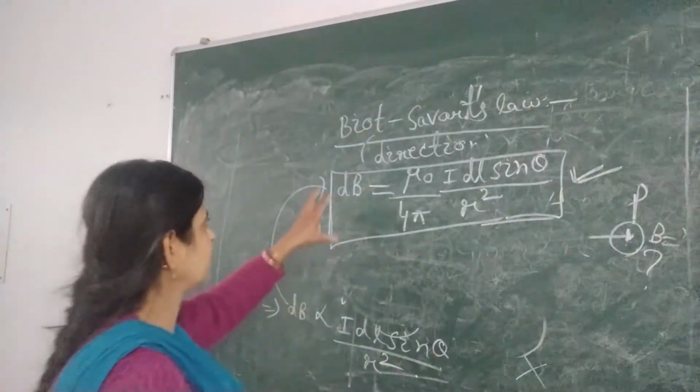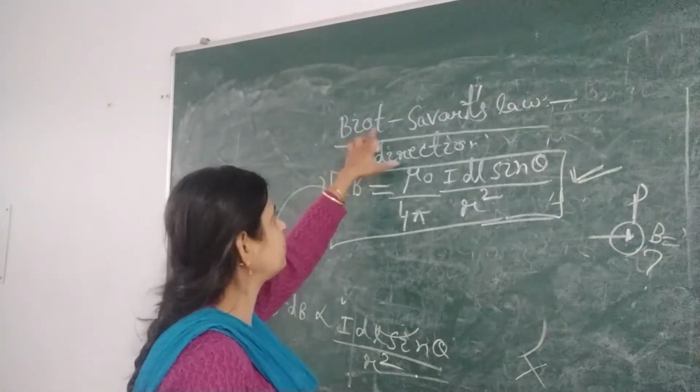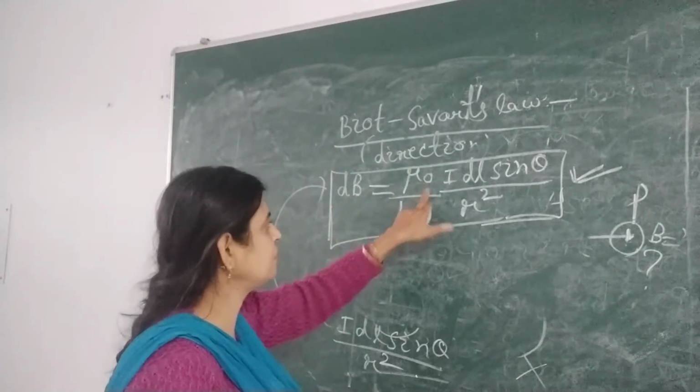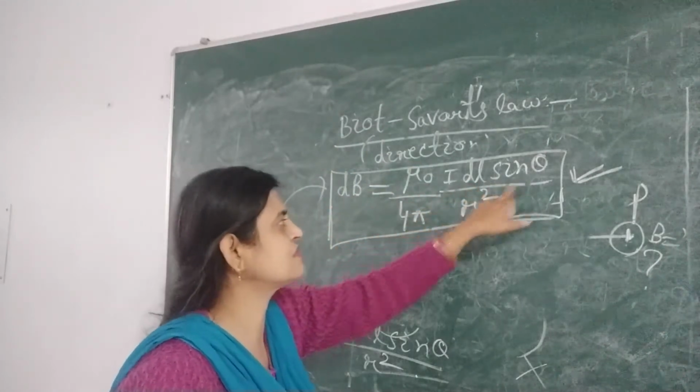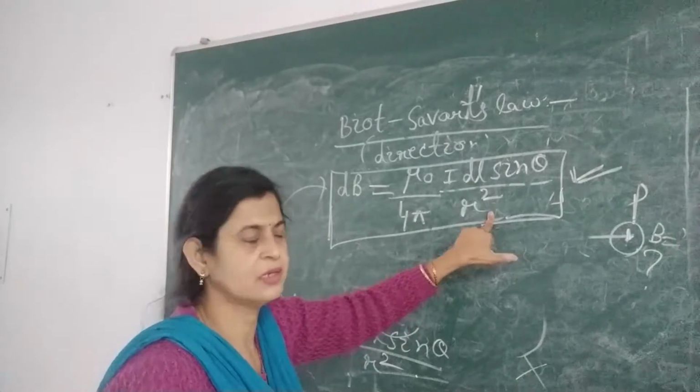Clear? So according to Biot-Savart's law, dB is equal to mu naught by 4 pi I dl sin theta divided by r square.